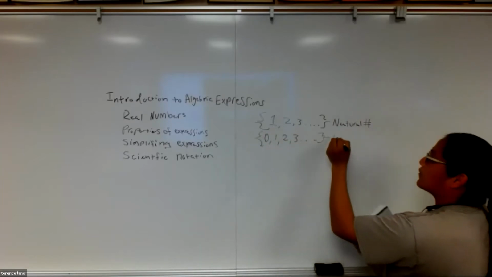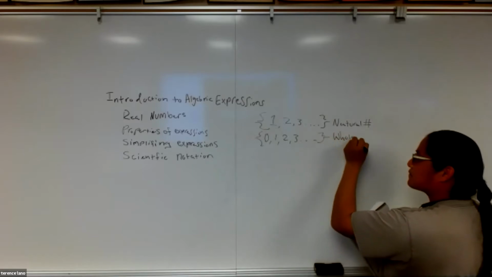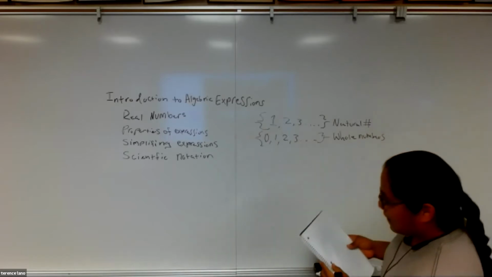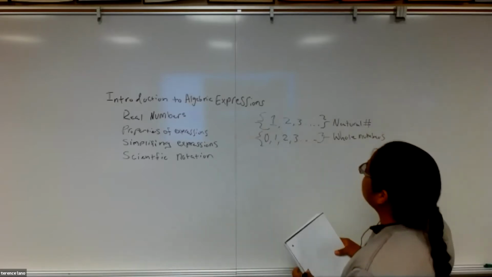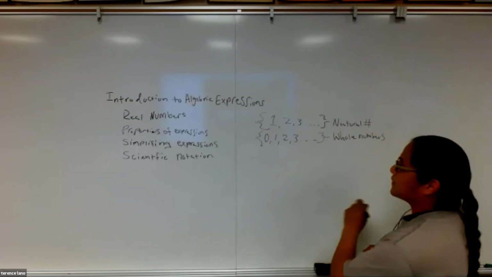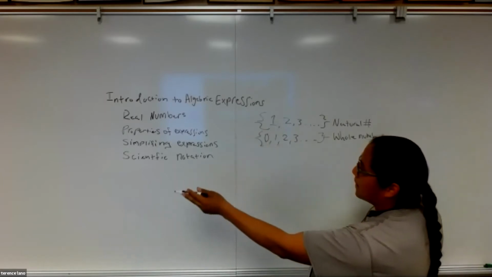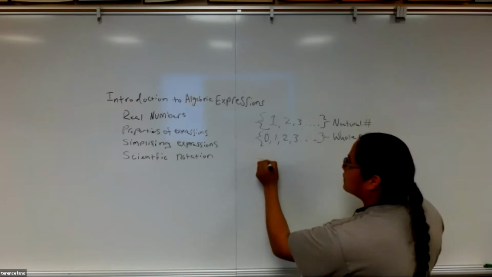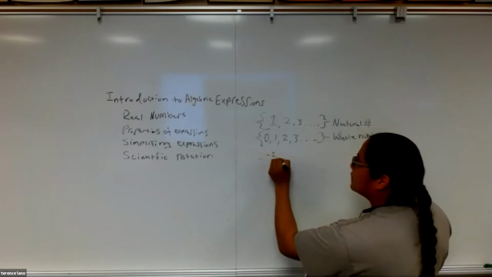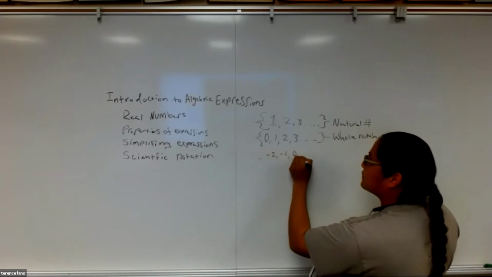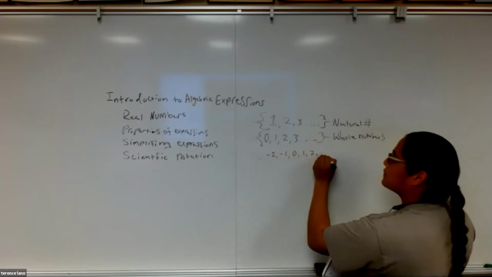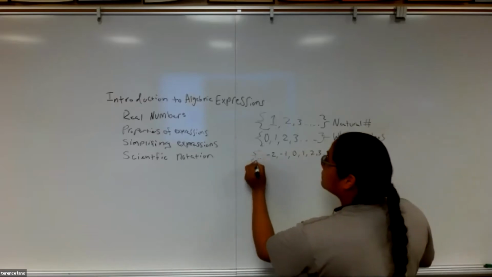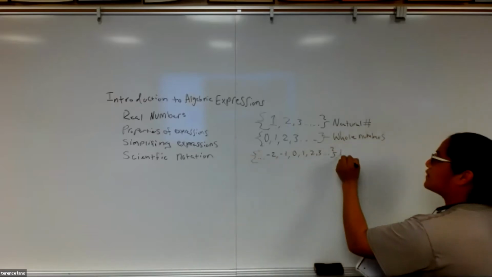Those are all whole numbers. And integers consist of everything that's lower than 0, like negative, let's start from -2, -1, 0, 1, 2, 3, and so forth. And those are all integers.